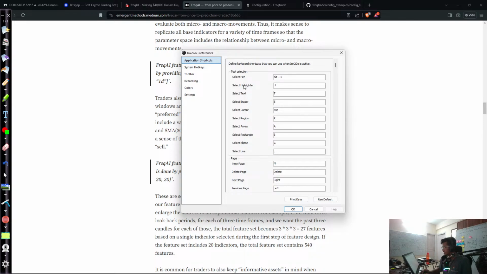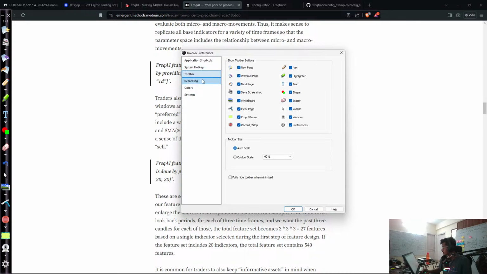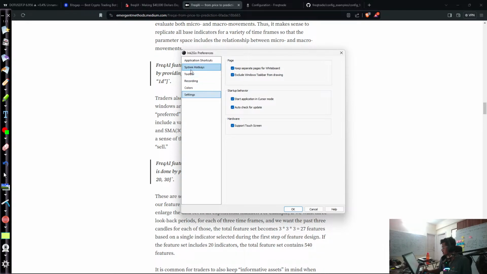Select highlighter H. Okay. Activate Alt Shift A. We select Alt S. No, no, no. Alt A. Alt A. Toolbar. Recording, colors, setting.